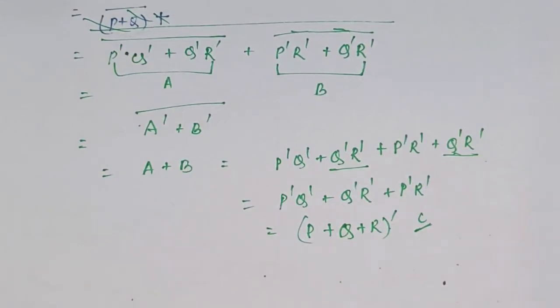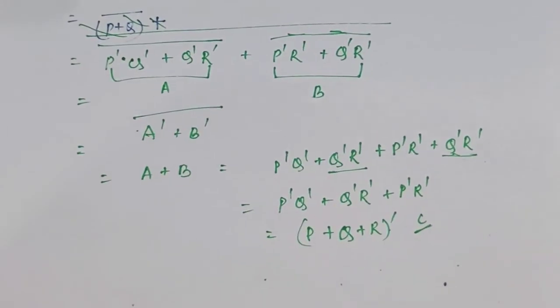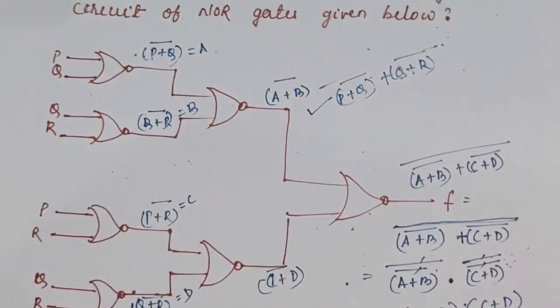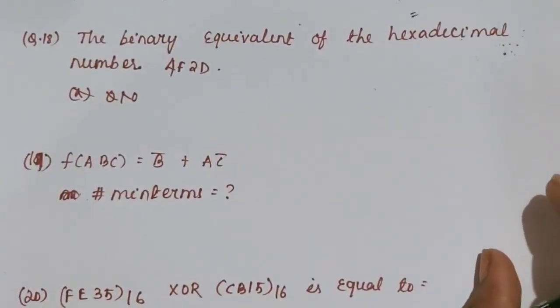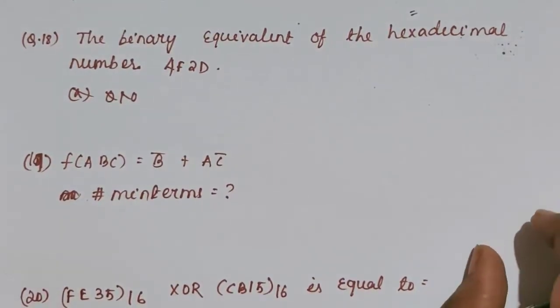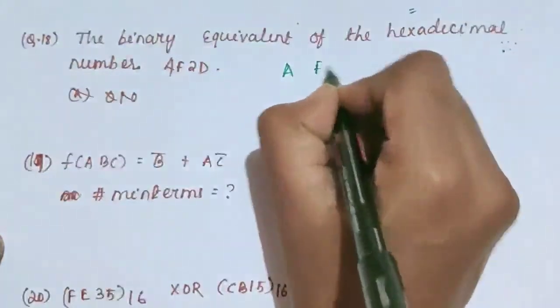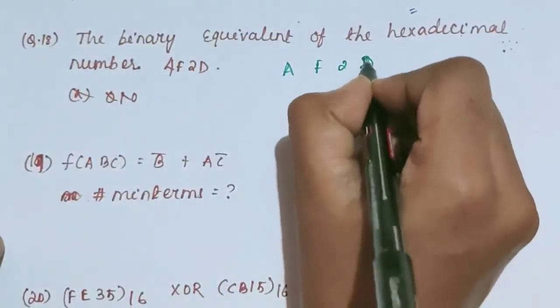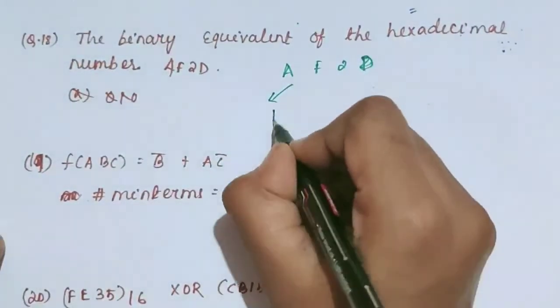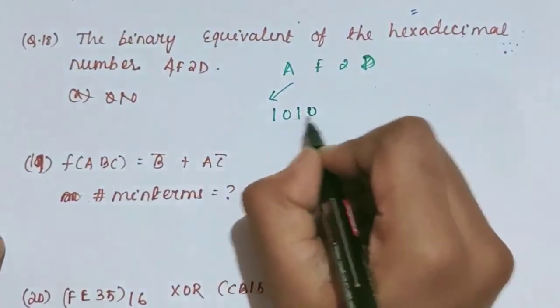If we take another question, the question is the binary equivalent of the hexadecimal number AF28. So this will be, A will be 10, 1 0 1 0.